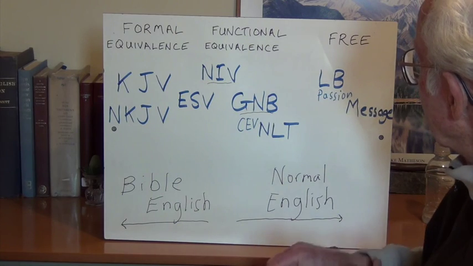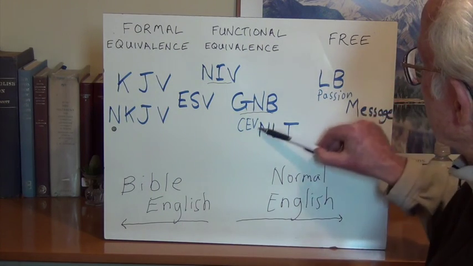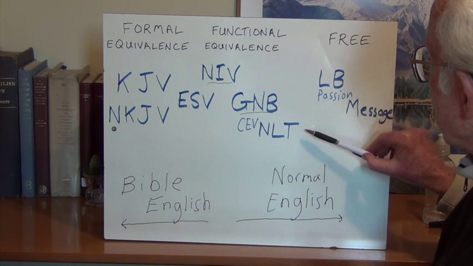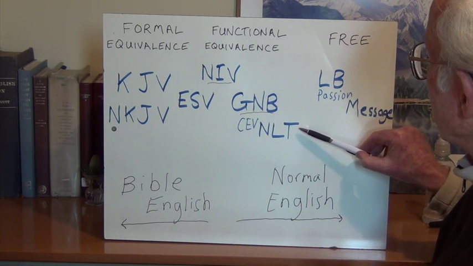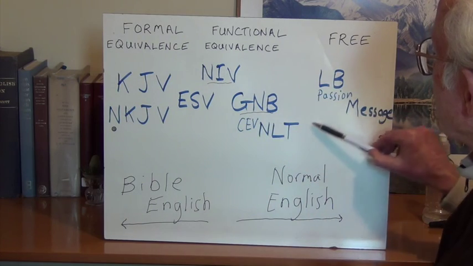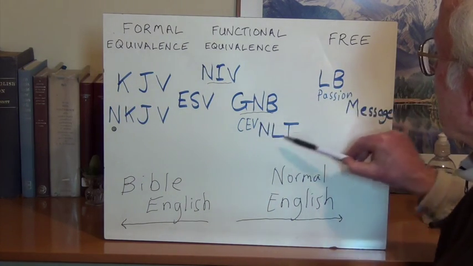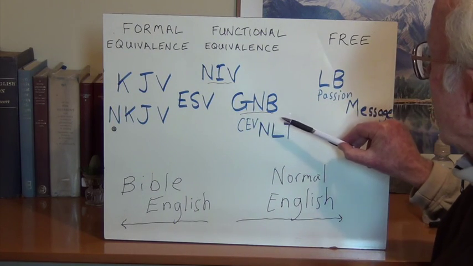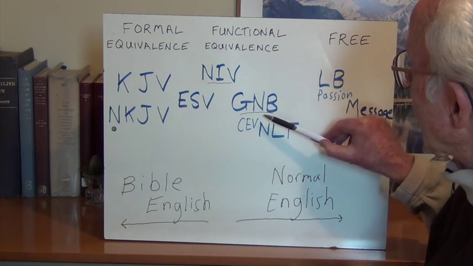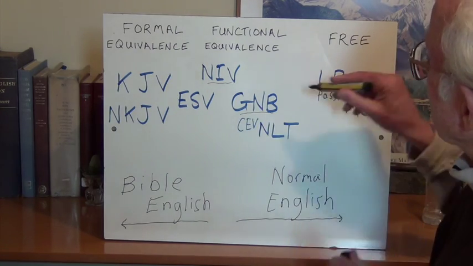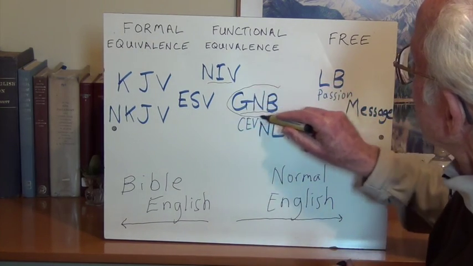Just to point out that these ones in particular, although they're in the normal English range, they tend to mix in just a few Bible English terms, so you've got to be a little bit careful of them, and that's perhaps why I put my main recommendation on this one here.